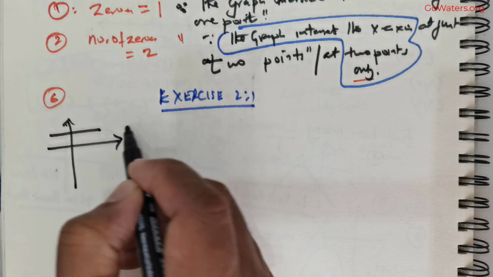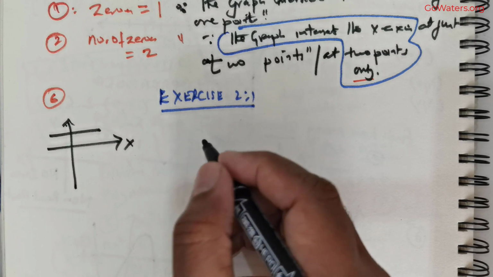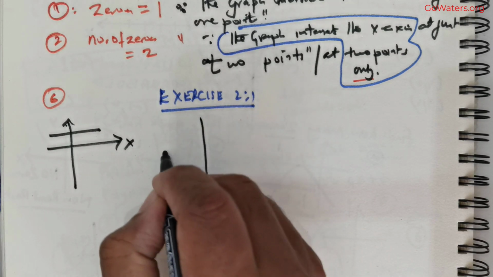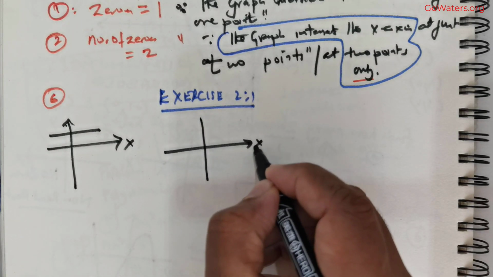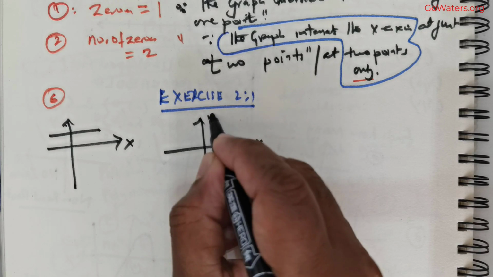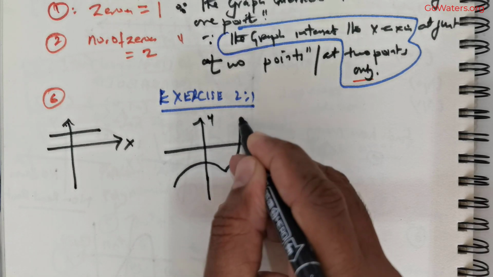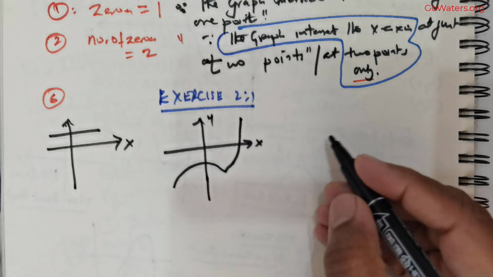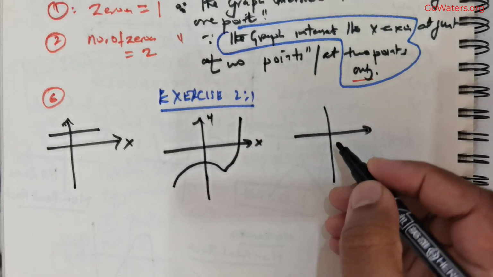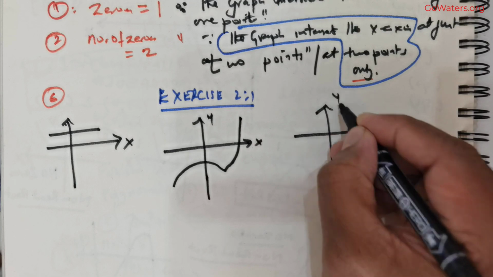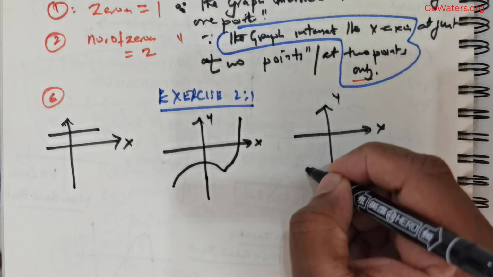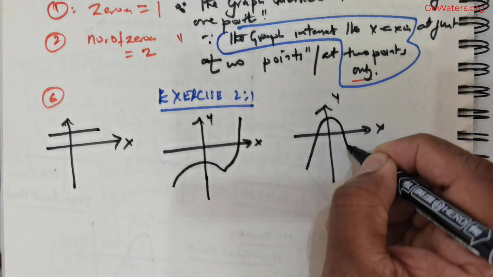This is the graph that we've got. And question 2, x-axis, y-axis. The graph is like this. X-axis, y-axis. The graph is like this.